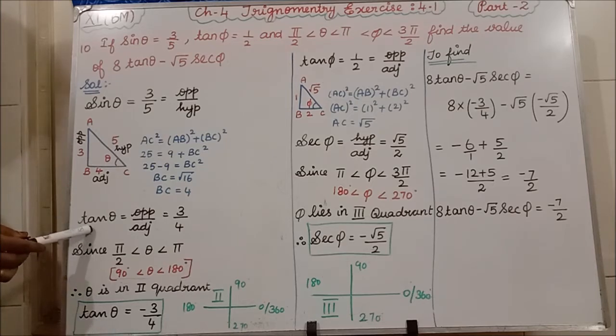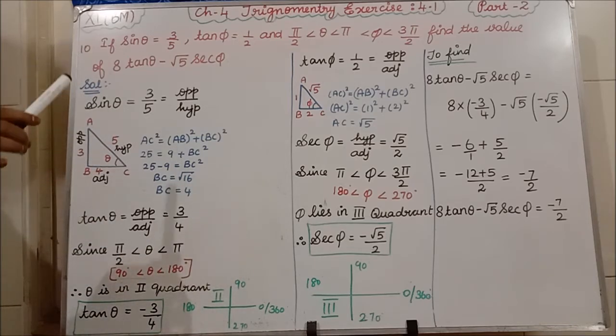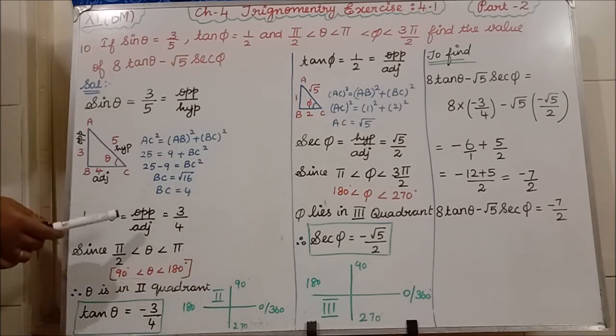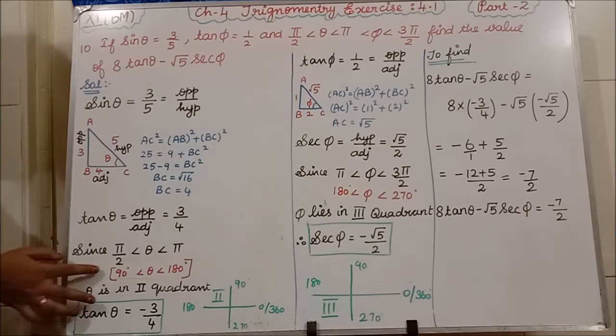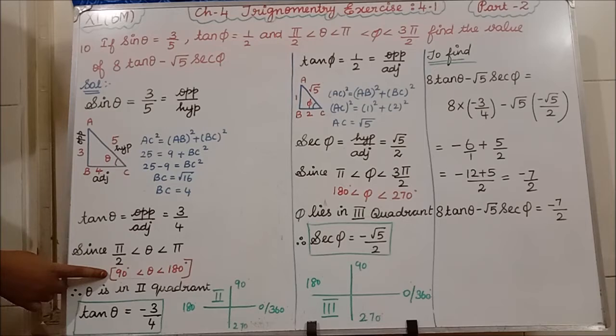But what trigonometric ratio do we have here? Tan theta. Is tan theta positive in the second quadrant? No, tan theta is not positive in the second quadrant. So what I am doing, see, since pi by 2 is less than theta less than pi, for your understanding only I have written here. You can write this step in your pencil. Therefore theta is in the second quadrant.